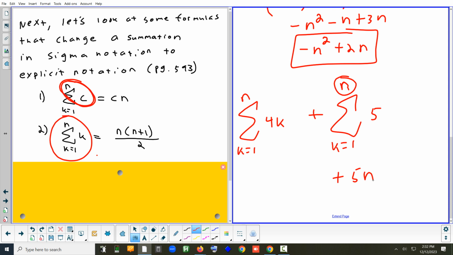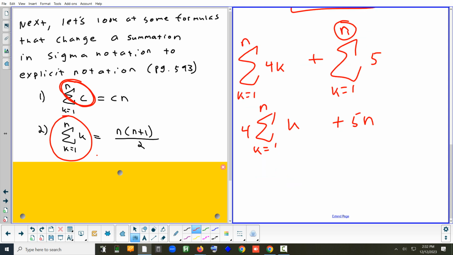So it's 5n. Now the first one we have to fix a little bit. What do I have to do to fix that so it looks like the one on the left? The 4 in the front. Yep, the 4 in front. So it's 4 times the sum of k equals 1 to n of k plus 5n.